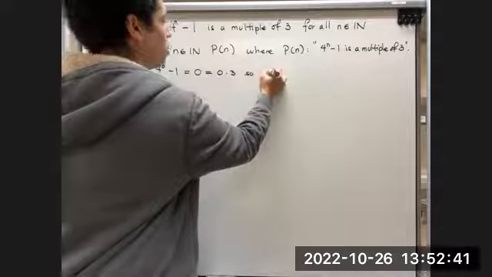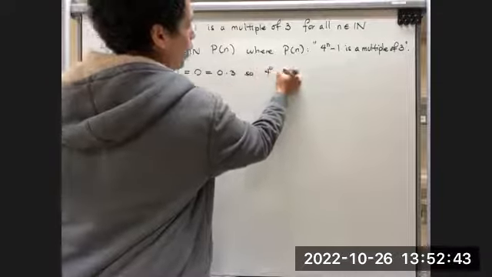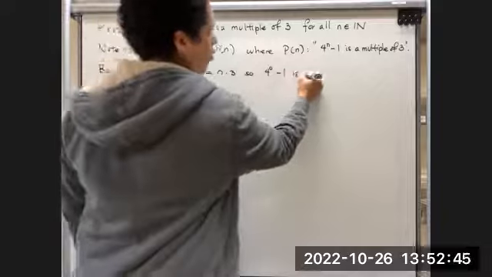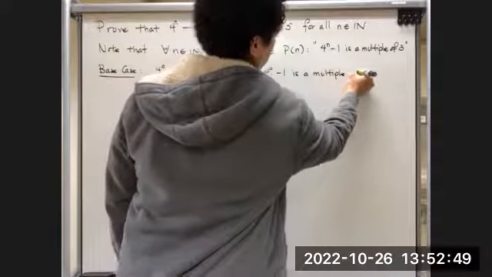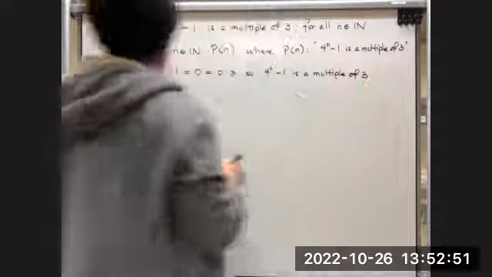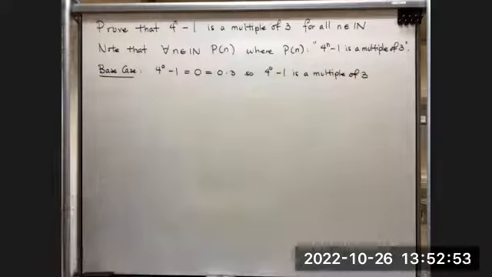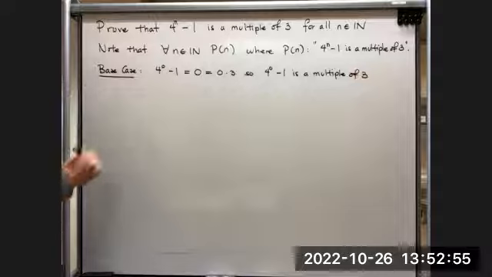So we can say that 4 to the 0 minus 1 is a multiple of 3. Now, that constitutes the base case of the induction.